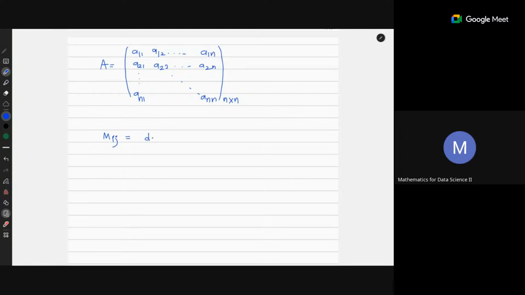It is the determinant of the matrix obtained from A after removing the ith row and jth column. Let me write it in bold.